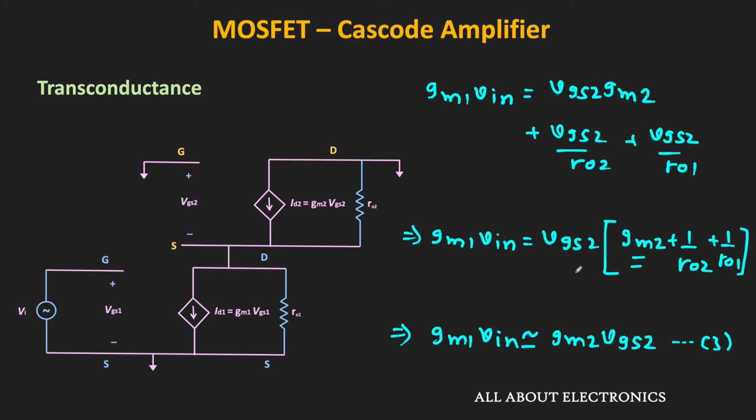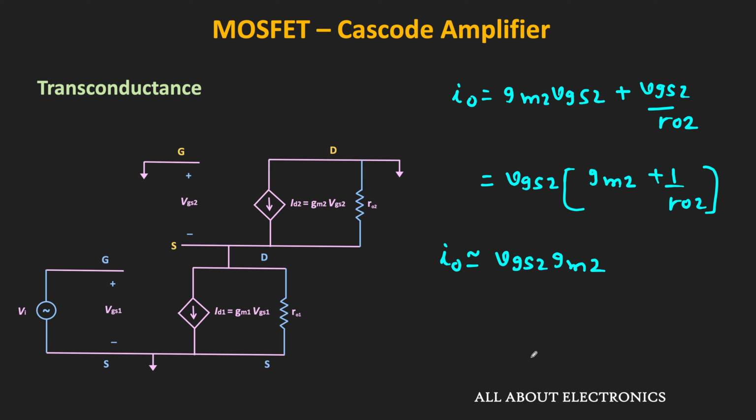And from the third equation, gm2 times VGS2 is approximately equal to gm1 times Vin. So I0 is approximately equal to gm1 times Vin, and therefore the overall transconductance Gm, that is I0 divided by Vin, is approximately equal to gm1. That means the overall transconductance of this cascode amplifier is approximately equal to gm1.